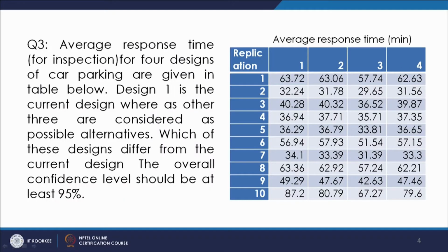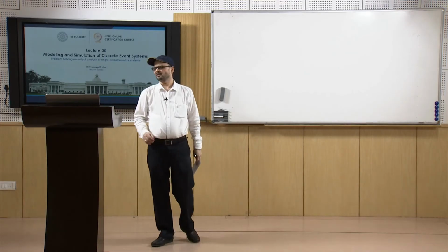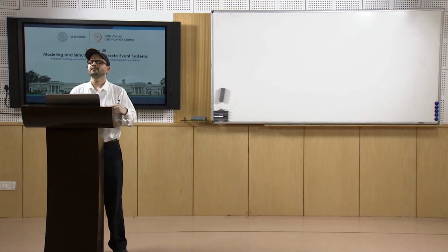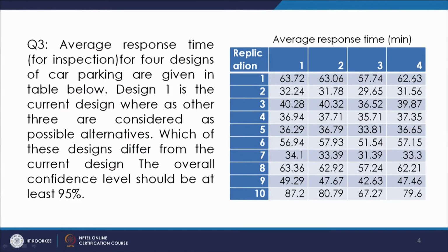Now, we will deal with the third question. This third question tells that there have been 4 response times. This is basically the inspection time given for a parking station in the car parking. The 4 values are given for 4 designs.